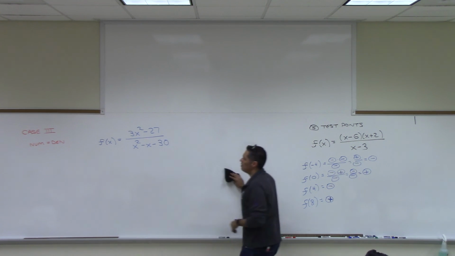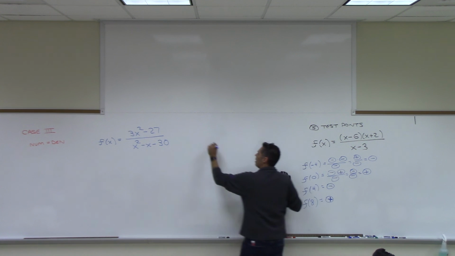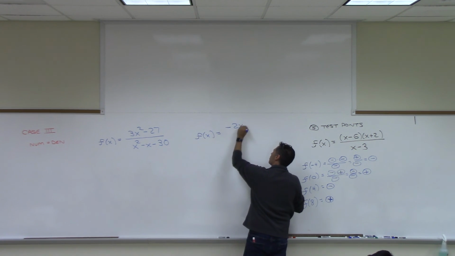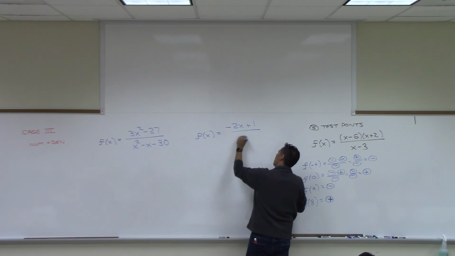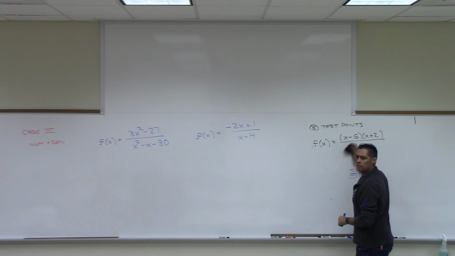That's an example where they have the same degree. Here's another example. F of x equals negative 2x plus 1 over x minus 4. Same degree, top and bottom.